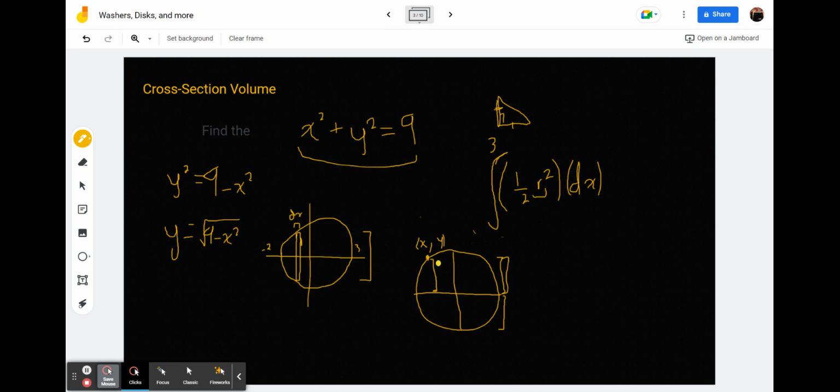So what that means is this height right here from y equals 0 to this point is square root 9 minus x squared. But that's not the entire height of the cross section. We also need down here. And this length is also square root 9 minus x squared.